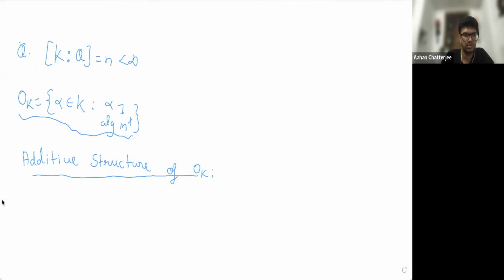So I'll just introduce some terminology. When I have something like the degree of K over Q is n, less than infinity, I say K is an algebraic number field.